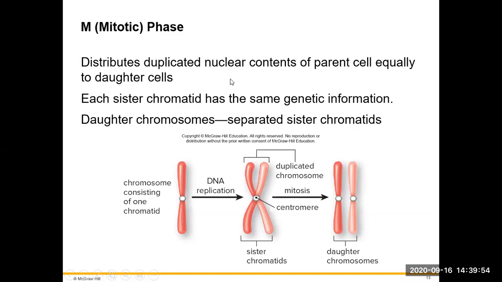What happens if the genetic material is not equally divided? Then we'll have a genetic abnormality. Each sister chromatid has the same genetic information as the parent cell. And the daughter chromosomes are the previous sister chromatids. Once the sister chromatids are separated, we call them daughter chromosomes.